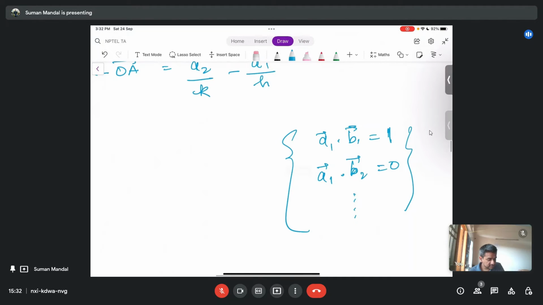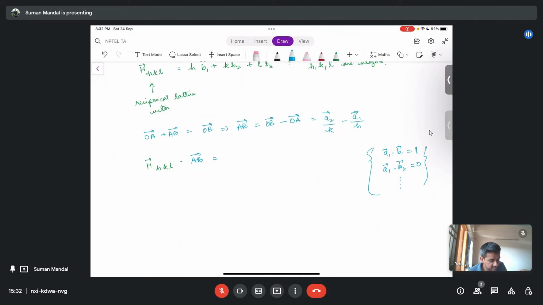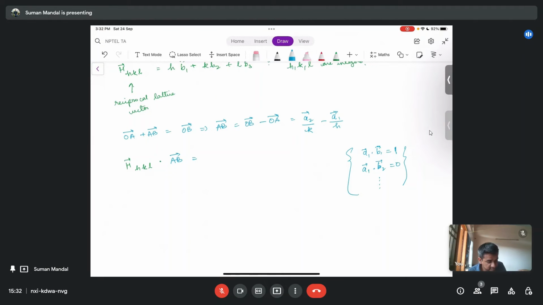So using this rule, we find that similarly HKL dot BC and HKL dot AC equal to 0.